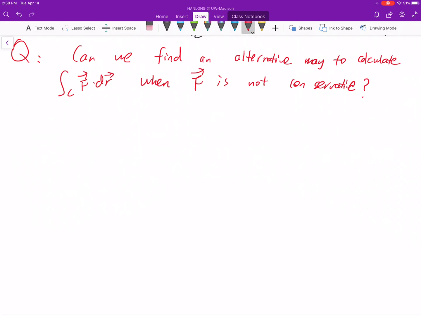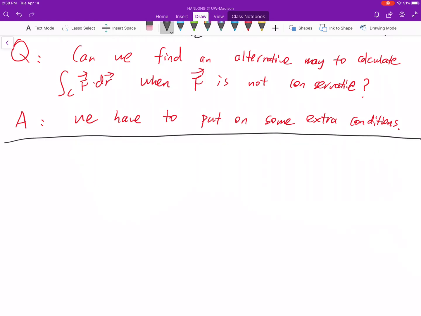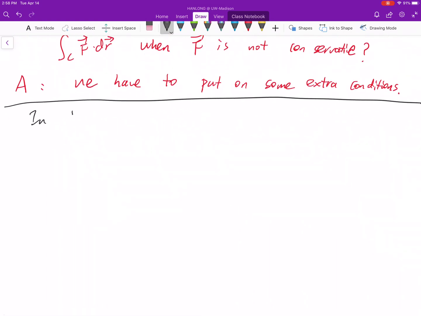But the answer, as you can expect, is not that easy. We have to put on some extra condition. In general, it cannot be true. So therefore, in the following, we consider the following case.